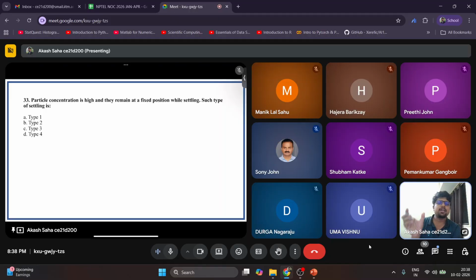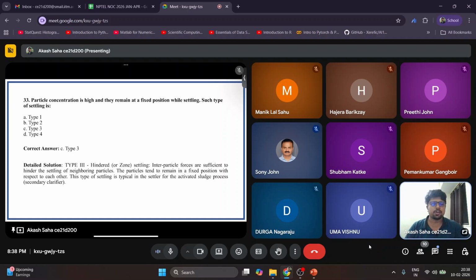The other point is they remain at fixed position while settling, so they settle as zones relative to each other. In zone. So that's why it is type 3 settling. I can understand if you are confused between type 3 and type 4, but in type 4 the compression happens. The concentration is so high that they first settle and then compress each other.